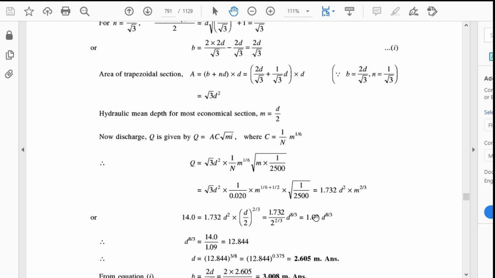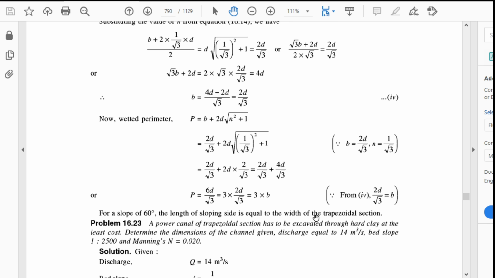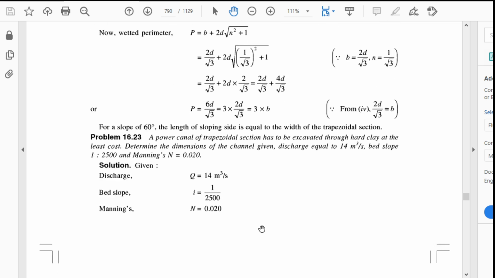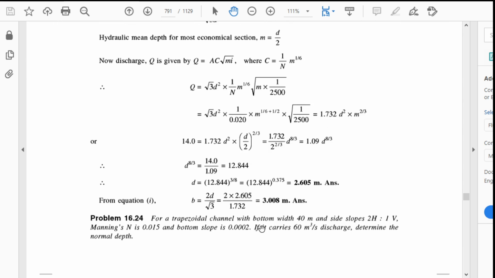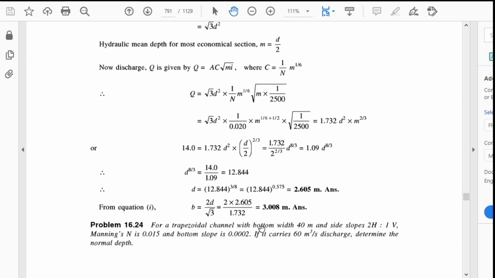Simple, by using the formula for perimeter for the best side slope. You can use this formula, that is p equals 3 times b. By using this formula you can find the perimeter also.